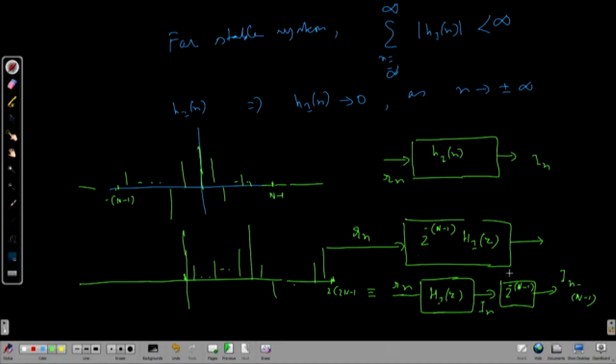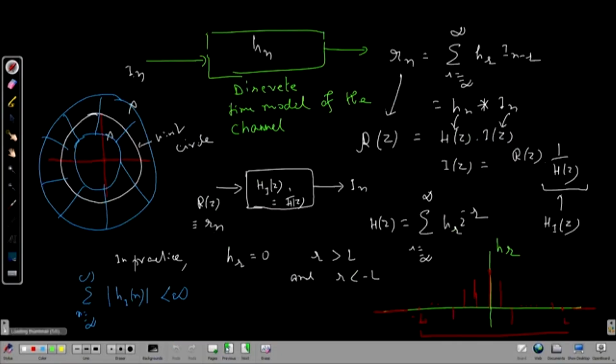So this is the filter that we have to design. Unfortunately, we cannot design it because it requires knowledge of H_I(z), which is an inverse system, 1 by H(z). To know H_I(z), I must know H(z), but H(z) is for the channel, and the channel impulse response is not known and changes from time to time.